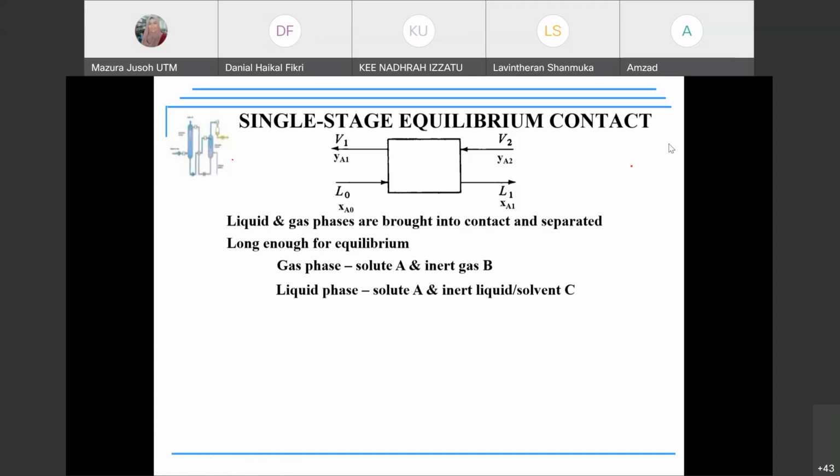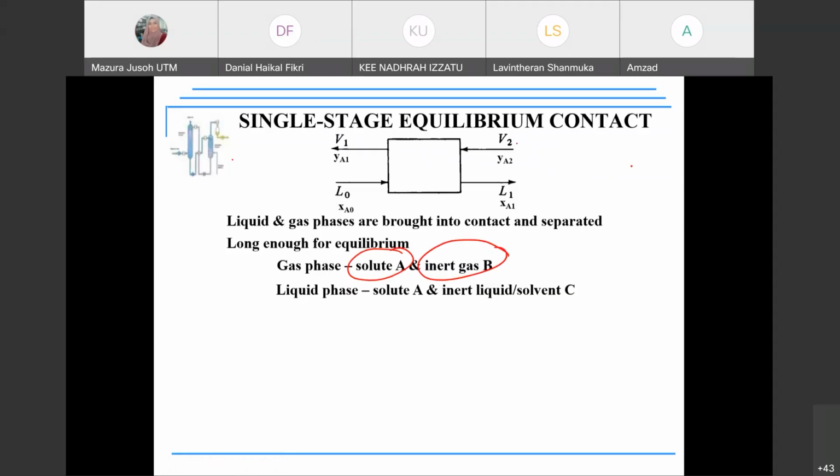Okay, so if you see here, liquid and gas phases are brought into contact and separated in the single stage equilibrium. And if they are in contact for a long enough time, it will achieve equilibrium. So in the gas phase, you have solute A and inert gas B. Why do you call it inert gas B?